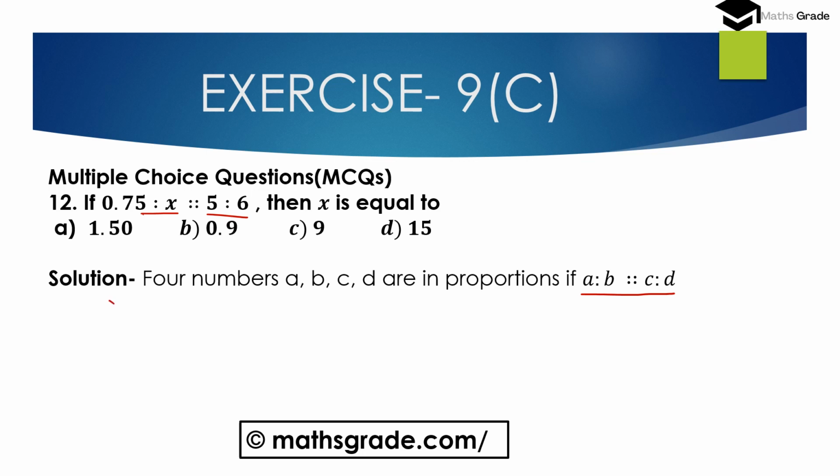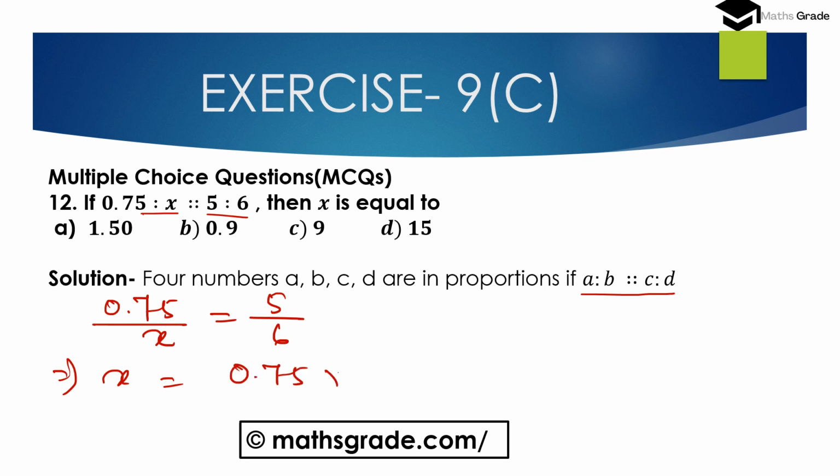Here 0.75 is to x, that is 0.75 divided by x is equal to 5 divided by 6. Now x will be 0.75 multiplied by 6 divided by 5.